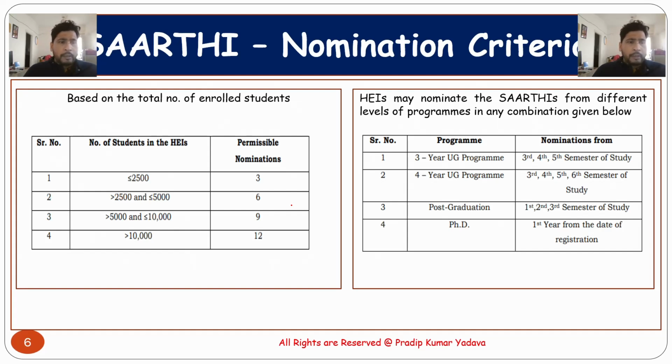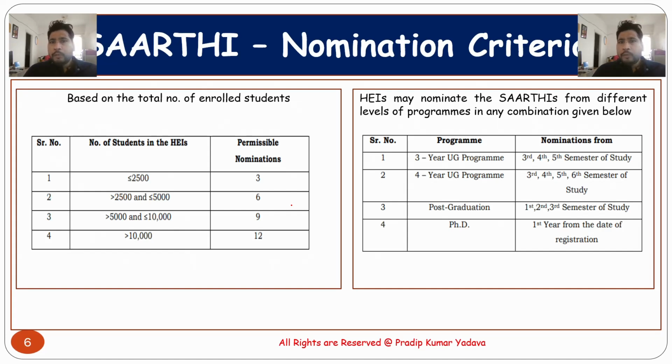If the student strength is between 2,500 and 5,000, then 6 nominations are allowed at maximum. If the strength is between 5,000 and 10,000, then 9 Saarthi. And if the students number more than 10,000, then 12 NEP Saarthi can be appointed.